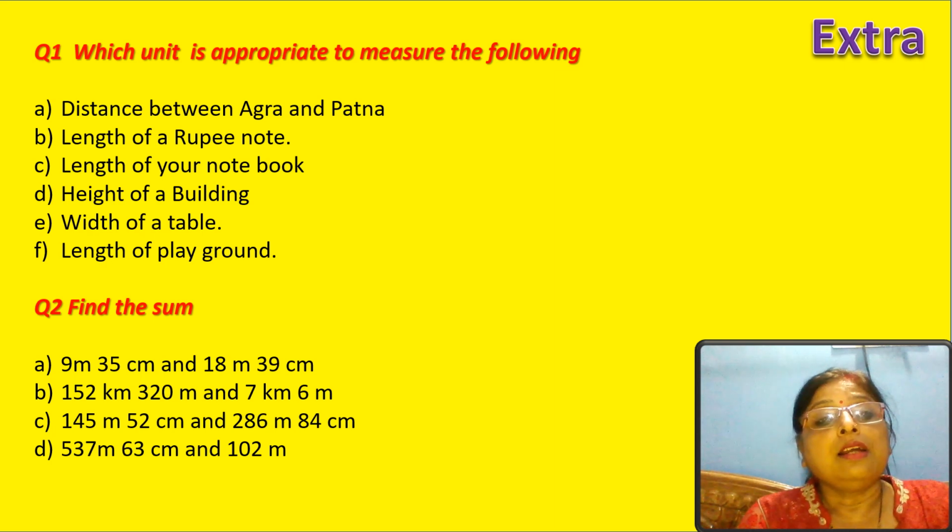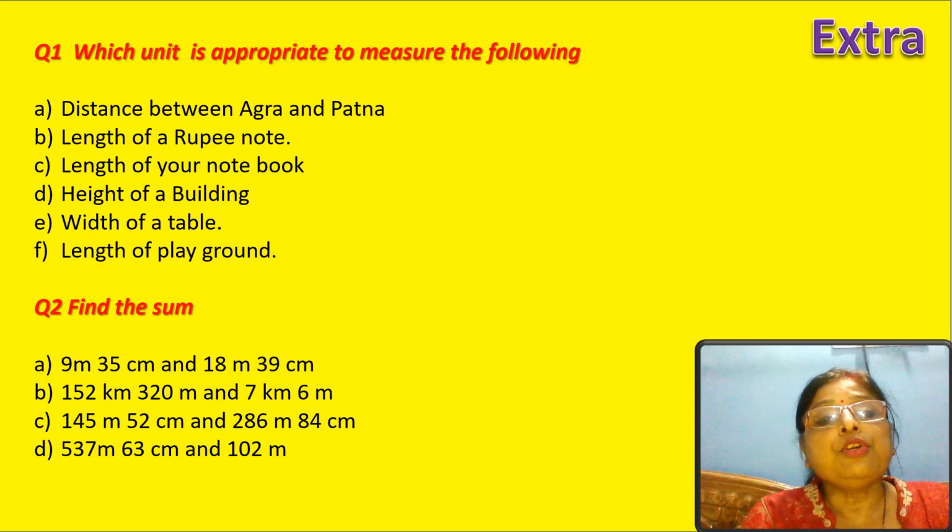Students, this one is the slide of extra questions. For your practice, you have to practice more and more for perfection. So the questions I have given, and the answers are also in the next slide. So do it and then cross check it.